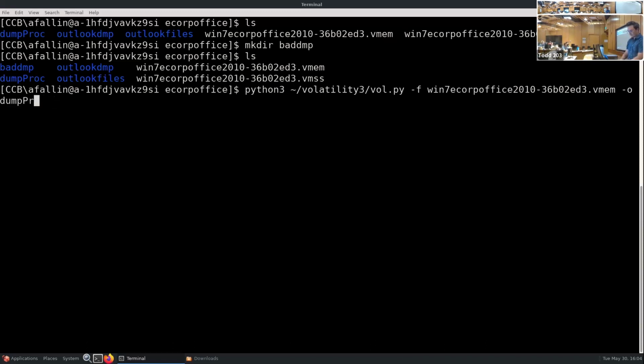We're going to do dash o. This is just us telling Volatility where to send these files. Then windows.memmap.